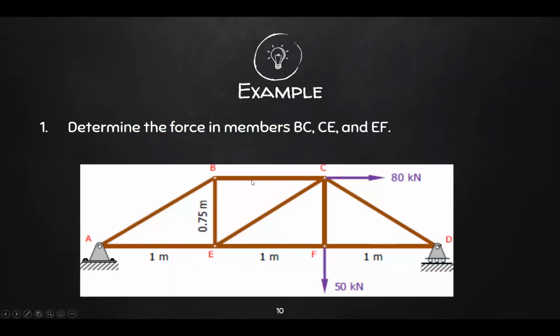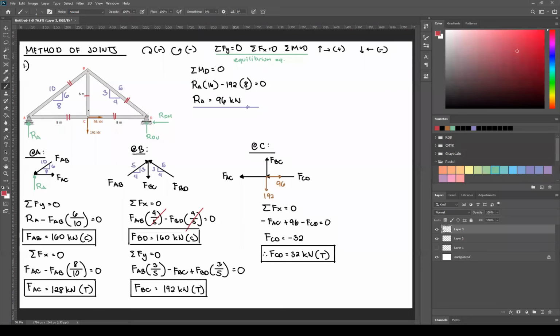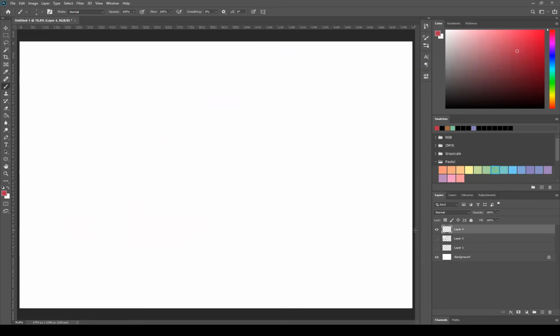Determine the force in members BC, CE, and EF. Okay, so let's do that. Let me just copy that drawing. Method of sections.